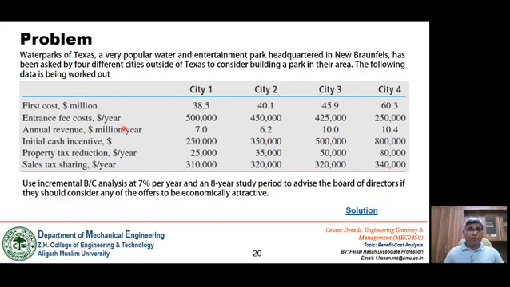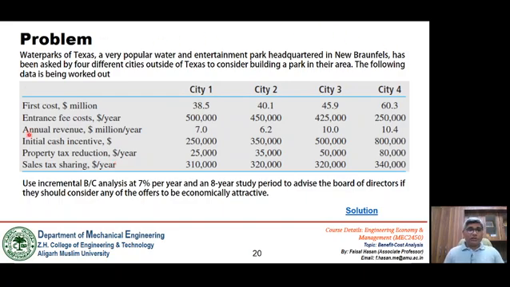Now there are some costs, like the one time investment, which is given as a cash flow at 0. But some of the costs are expressed on a per year basis, and some are not, like the initial cash incentive, which is one time. So we have to convert all these things onto identical lines.